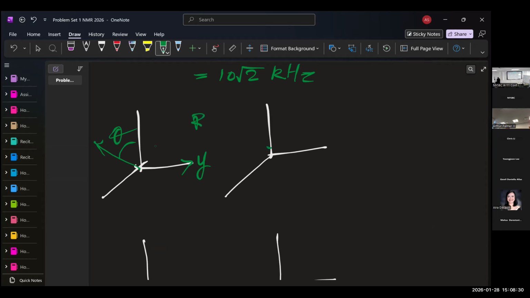I perform a rotation about y through minus theta. Then I bring this field up on z.